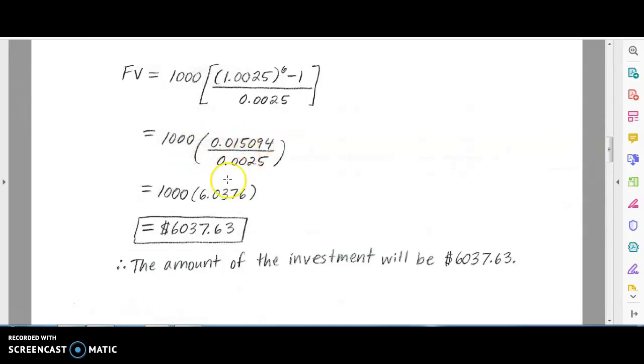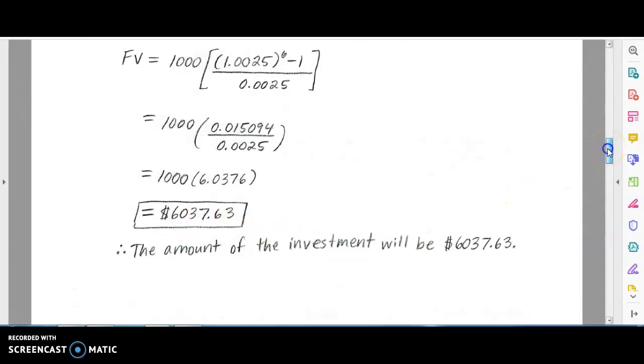So dividing this out gives us 6.0376. Multiply that by 1,000, and we get the same answer as we did with the timeline, which makes sense because it should be the same value because it's all the same parameters in the question. So his investment after 6 months using the formula is worth $6,037.63.